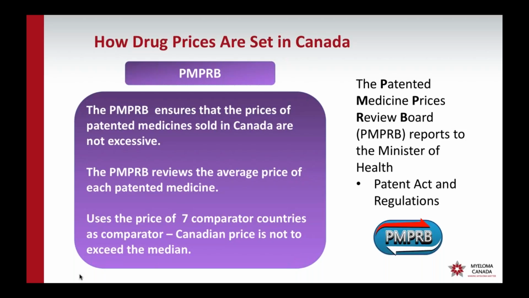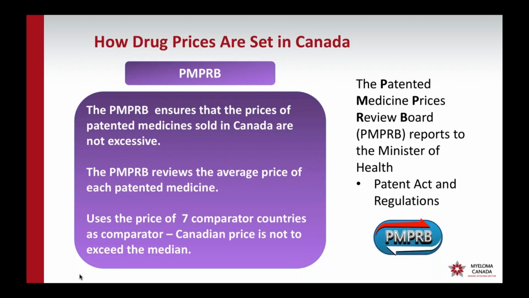We know drug prices are very high and they keep going up. So what they do is they review the average price of each of the patented medicines to make sure that they're not excessive. But how do you determine the average price? Because, you know, is it sold in Canada, or is it sold elsewhere in the world? So what they decided to do is to look at 7 comparator countries, and to look at the median of those 7 countries and compare the Canadian price to this median and make sure it does not exceed this median price.